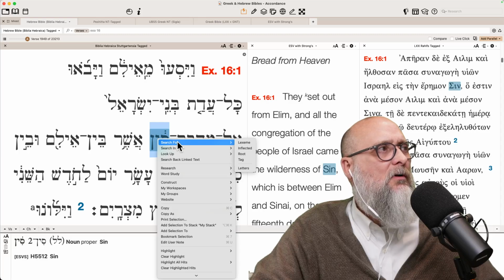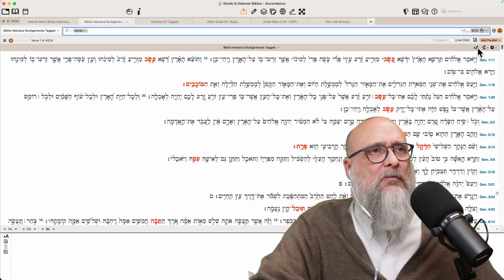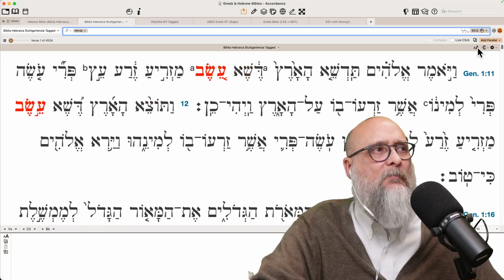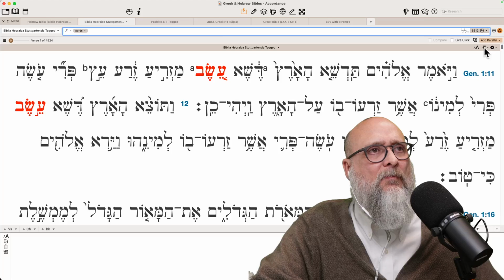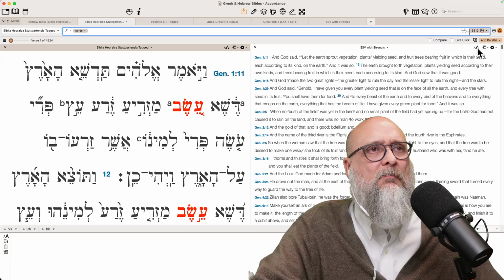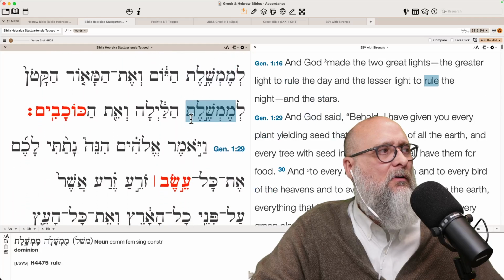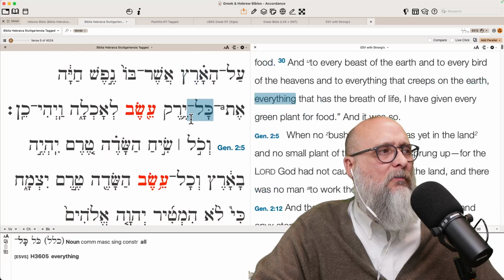Search for the root. Yeah, so not really sure why it pulled up SF. It wasn't really what I was looking for.